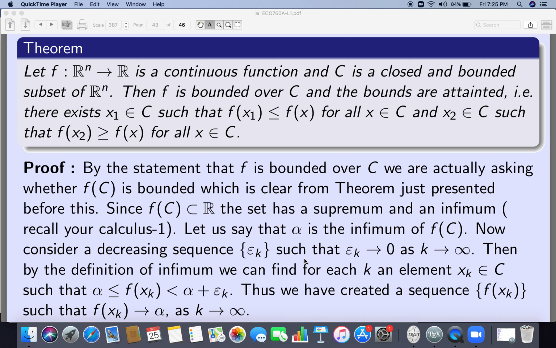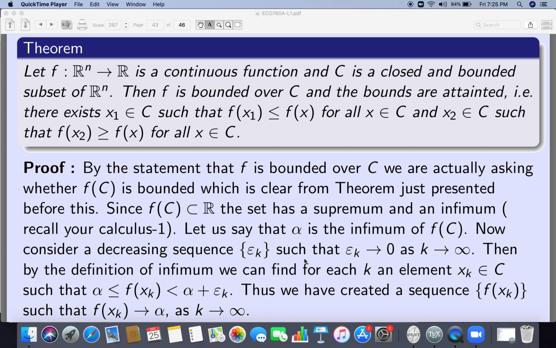So what it says is that if you have a continuous function from Rn to Rm, and C is a closed bounded subset of Rn, then f is bounded over C. Basically, if you want to minimize or maximize the function f over C, then the value of f is bounded over C. That is, there is a capital M for which f of x is less than or equal to M for all x in C, and f of x is greater than or equal to, say, small m, which is the lower bound for all x in C. So it will have a bound.